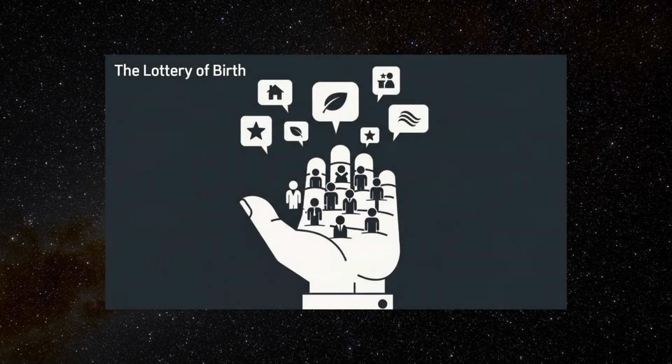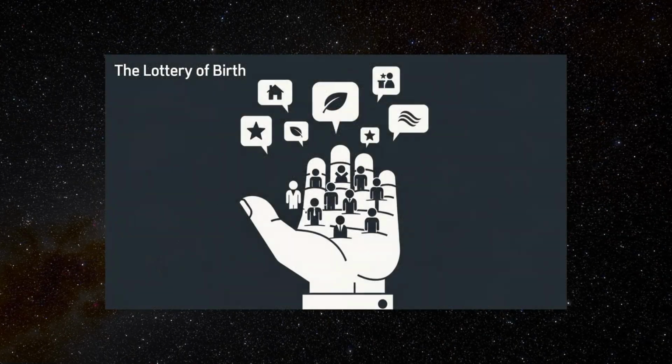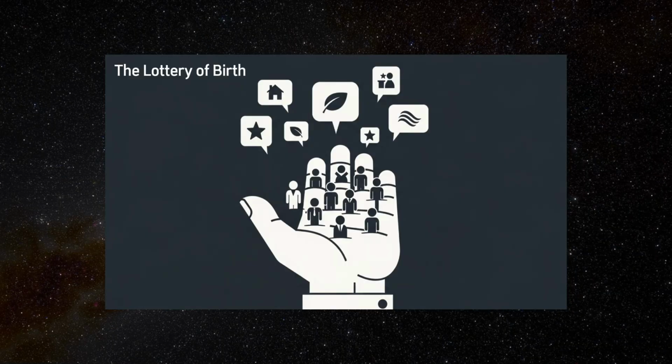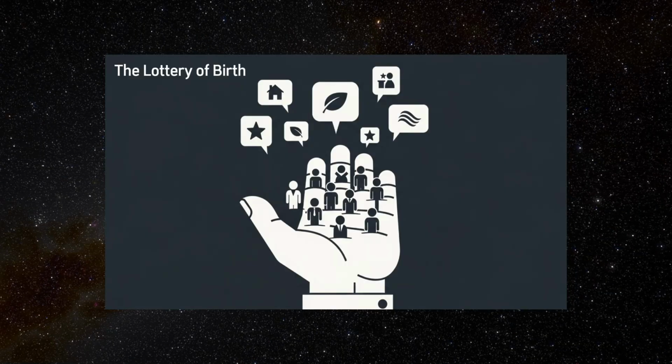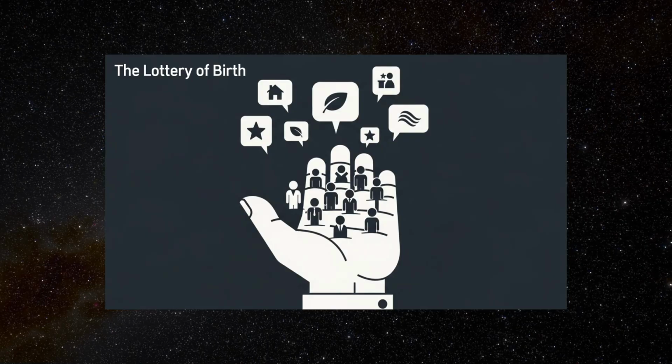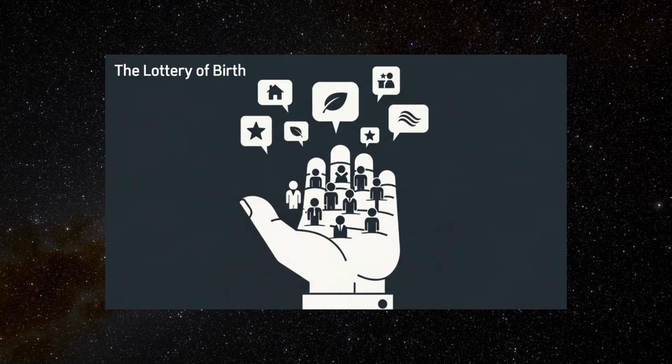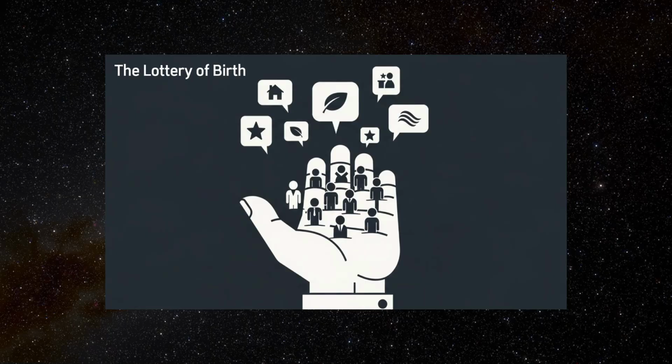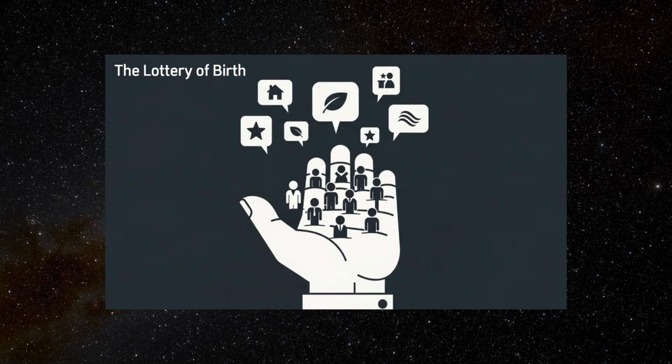The lottery of birth. The lottery of birth is not a paradox in the strict logical sense, like the Liar Paradox or Russell's paradox, but rather a philosophical and ethical dilemma that reveals deep inequalities in human society.